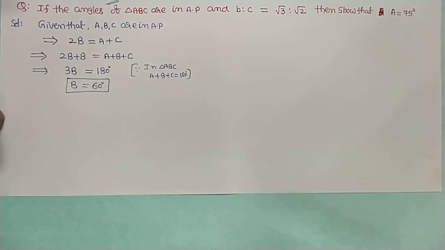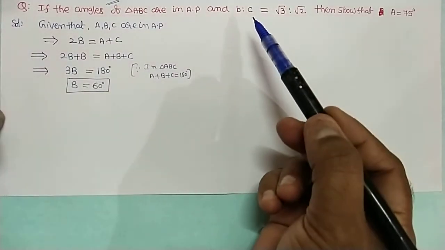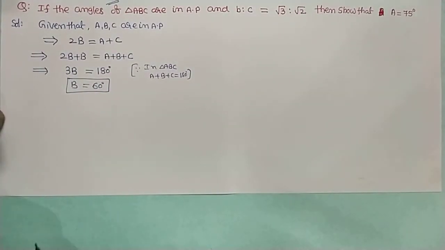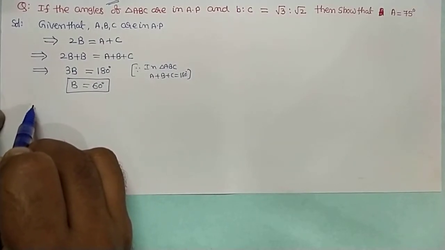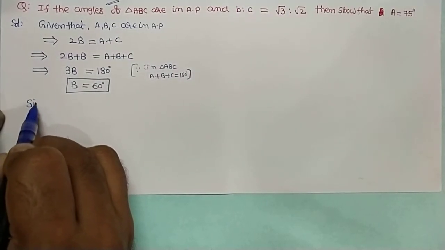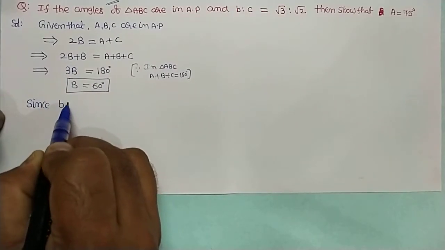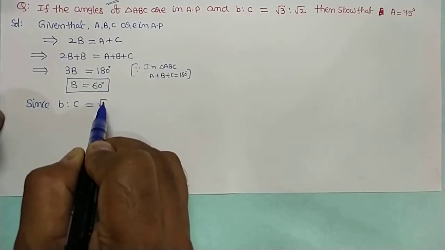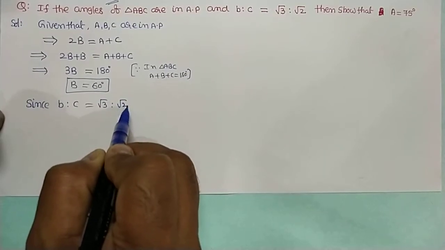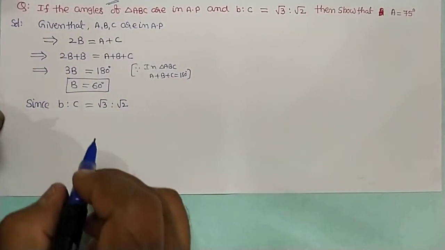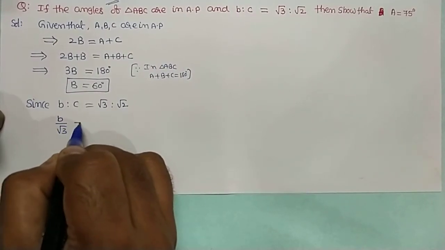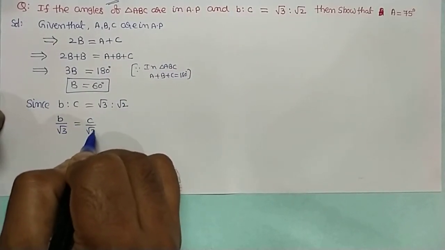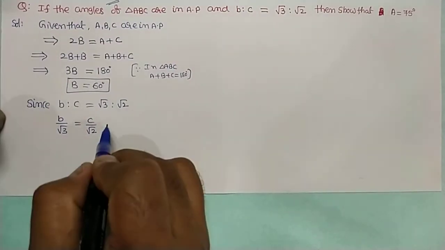After getting the value of B, there is one more given condition. Since small b is to small c equal to root 3 is to root 2, that means they are in proportion. So we can write it as b by root 3 equal to c by root 2, which is equal to some k.